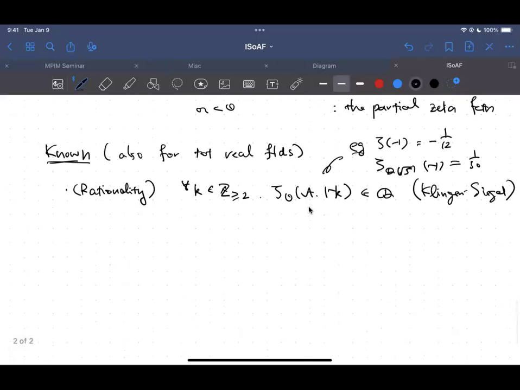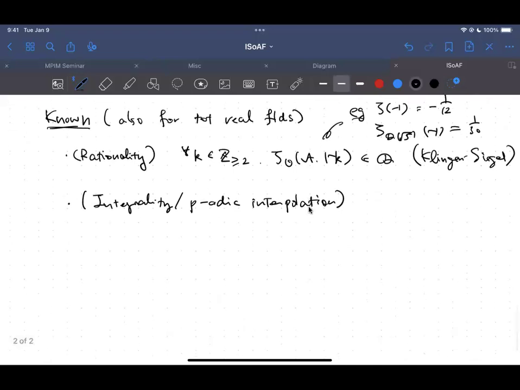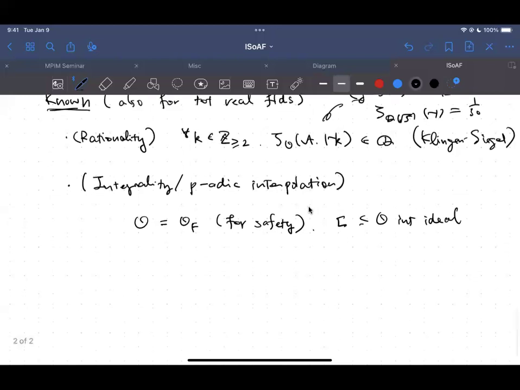There is a refinement of this rationality, which is often called integrality or periodic interpolation. For safety, I would like to assume this order to be the ring of integers, and let C be another auxiliary integral ideal. Then this integrality is the following.